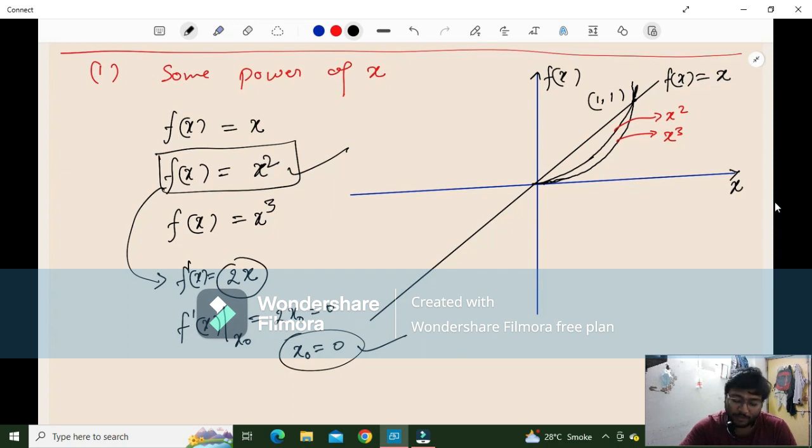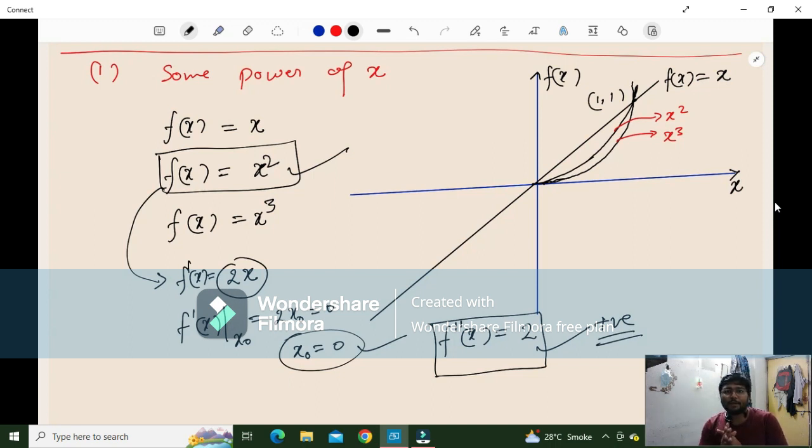If you want to check whether it is maxima or minima, we take the second derivative. So f double prime of x will be just 2, which is constant, right? And it is positive. When the second derivative is positive, this means that the function makes a minima.